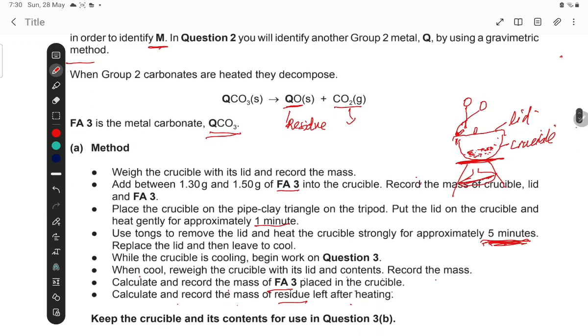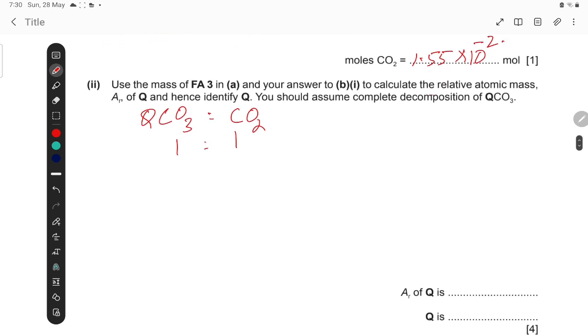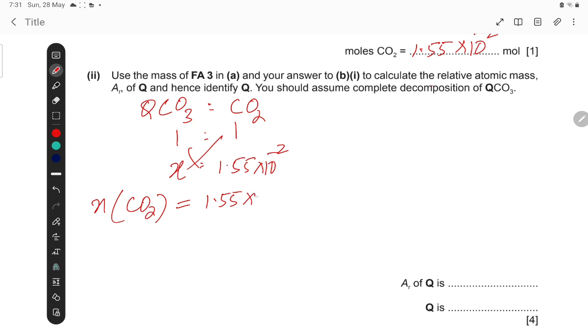So the moles of QCO3 equal the moles of carbon dioxide, which is 1.55 times 10 raised to minus 2.